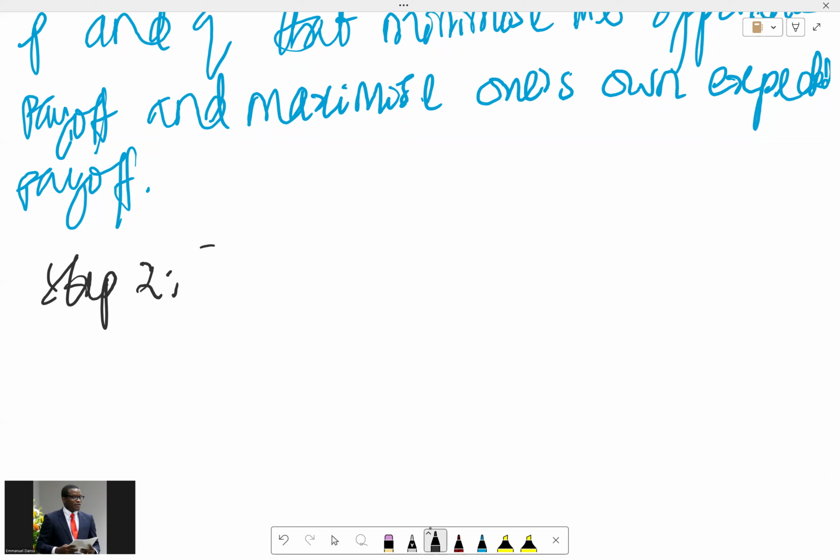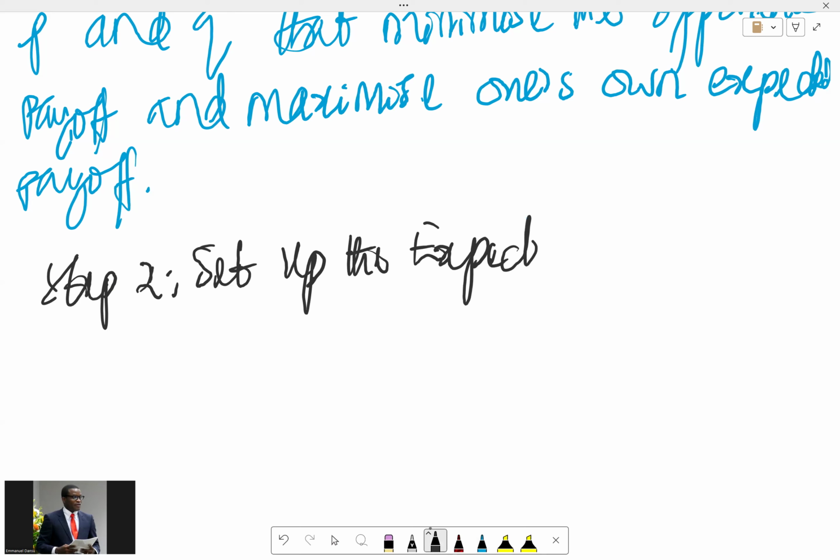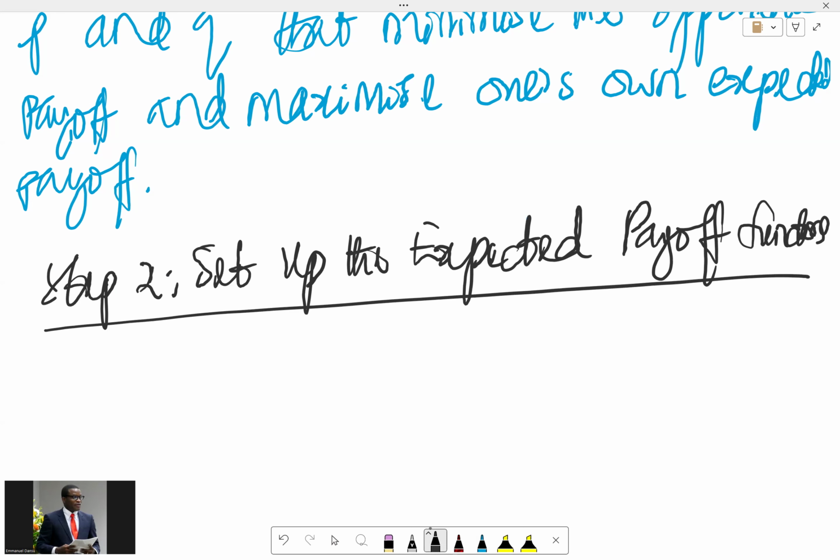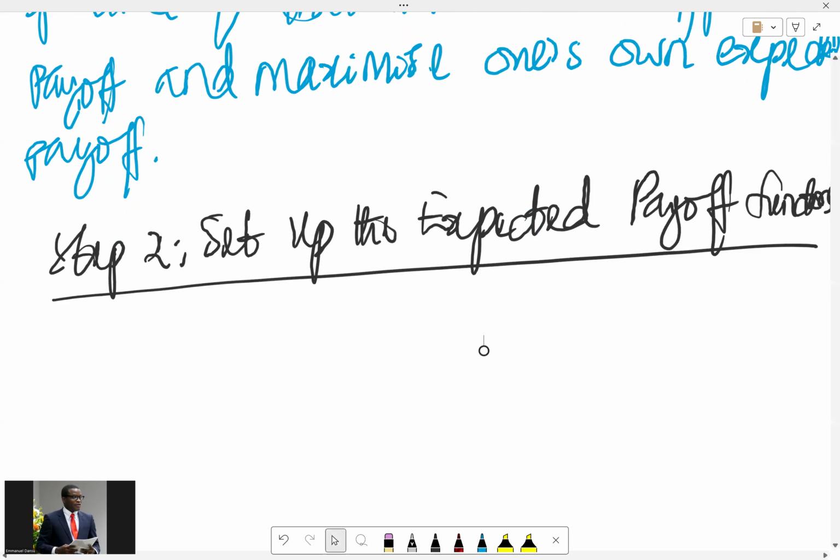So step two, set up the expected payoff functions. Okay. And of course, that's going to be from the table, right? So see how that's going to be.